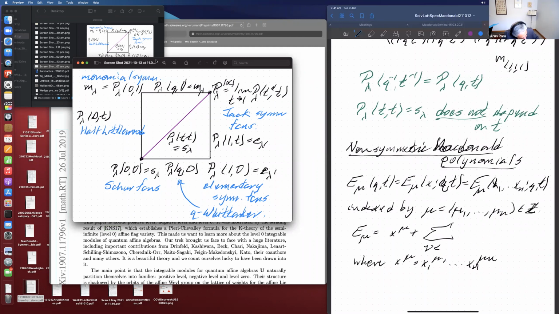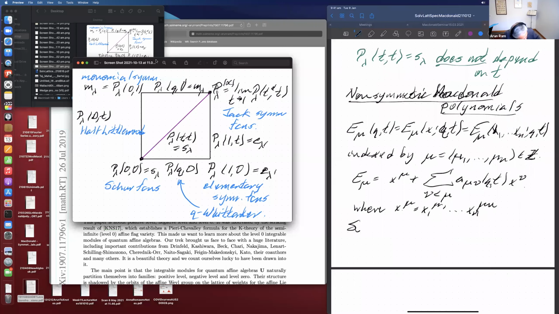So nu less than mu, with some constant which depends on q and t, times x^nu. So that tells you that the set of these E_mu's, as mu runs over all integer sequences, is a basis of the full polynomial ring.